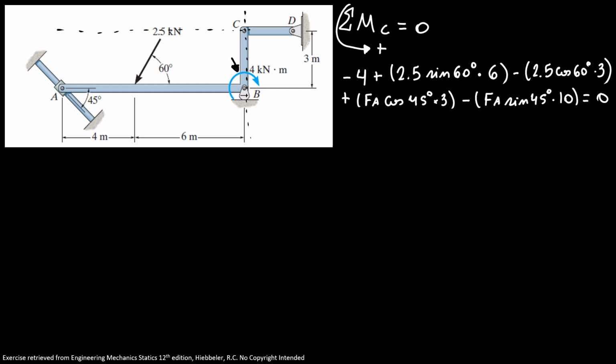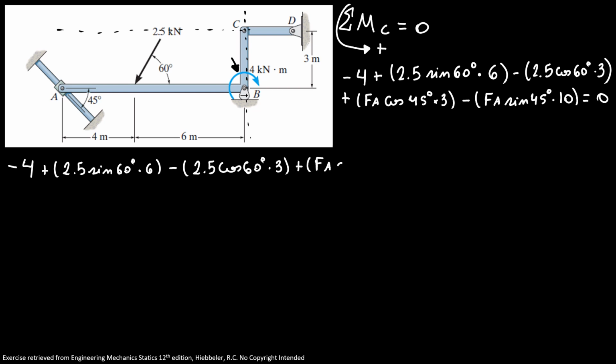So here I'm going to write our expression again: minus 4 plus 2.5 sine of 60 times 6 minus 2.5 cosine of 60 times 3 plus FA cosine of 45 degrees times 3 minus FA sine of 45 degrees times 10 is equal to 0.